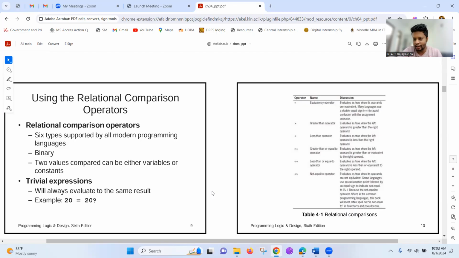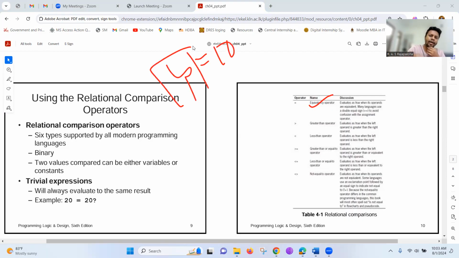So by looking at the 10th slide, you can see the relational operations here. What are the things you can identify? Very basically, you have the equal operator. Everyone knows why we are using the equal sign: something equal to another, right? y equal 10 means this y variable value should be 10.